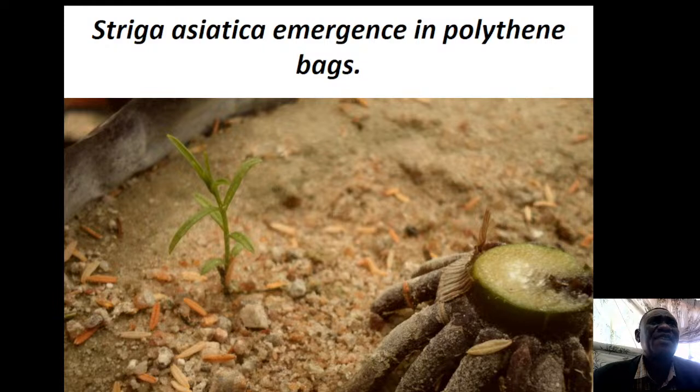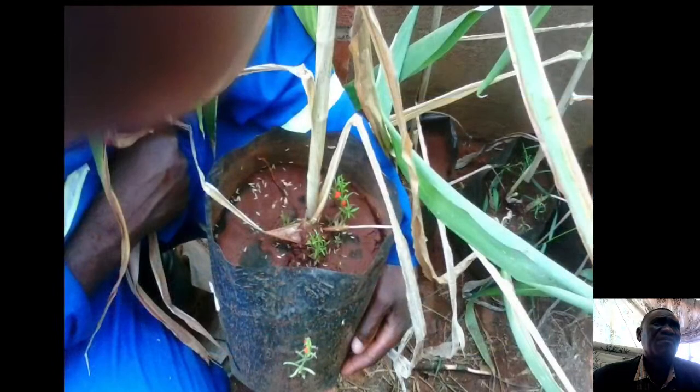So this is a polythene bag with maize. This is Striga. Again, this is the polythene bag. This is during screening experiments. I think this was an MSc study.